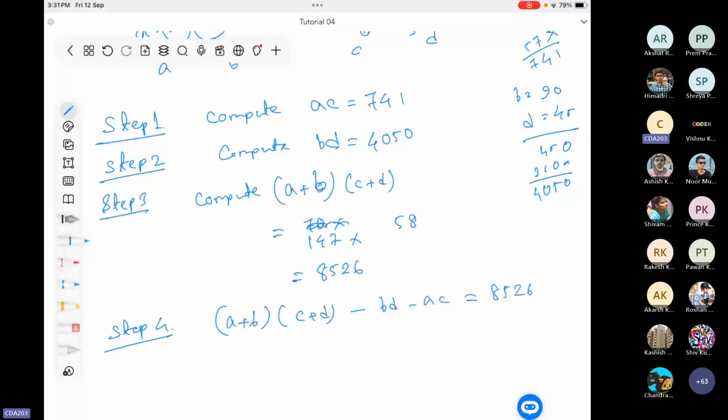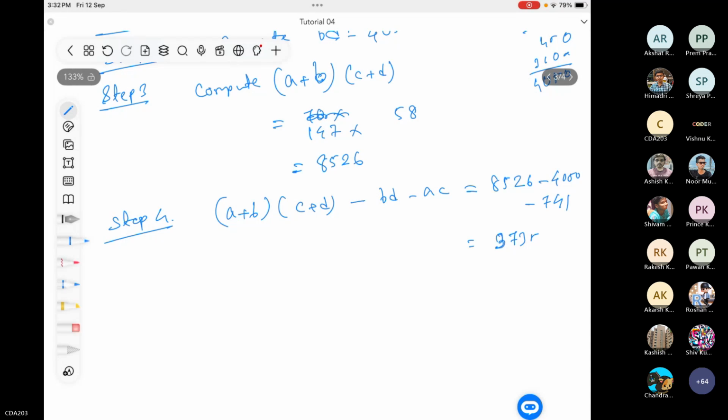So 8526 minus 4050 minus 741. So can you see? If you compute this, I think it will be equal to some number, 3757. Okay, 3735. So we have this number.